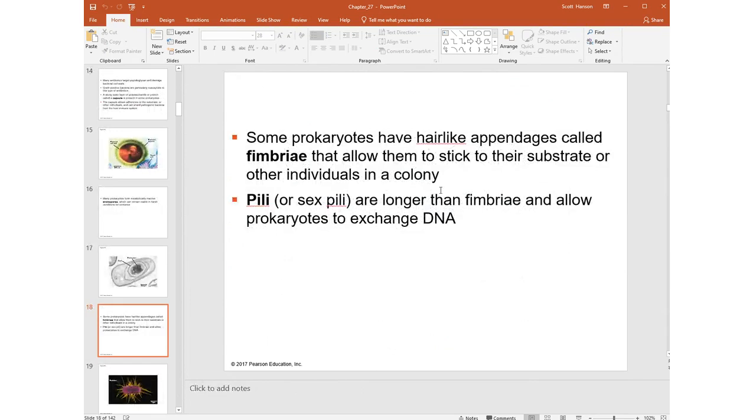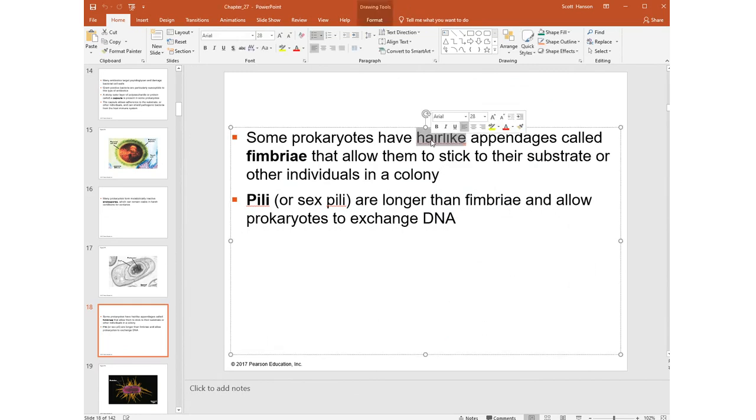So some prokaryotes have long, thin, hair-like appendages called fimbriae, and they allow them to stick to a substrate, or stick to other individuals in a colony. And then some of them also have long, thin appendages called pili, or sex pili.